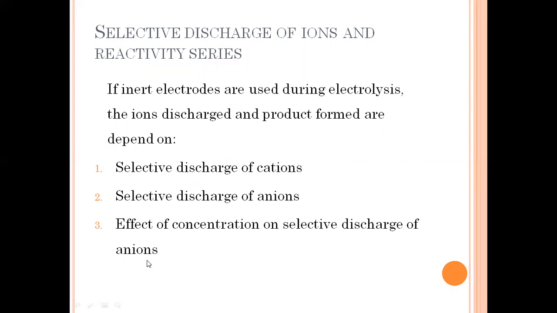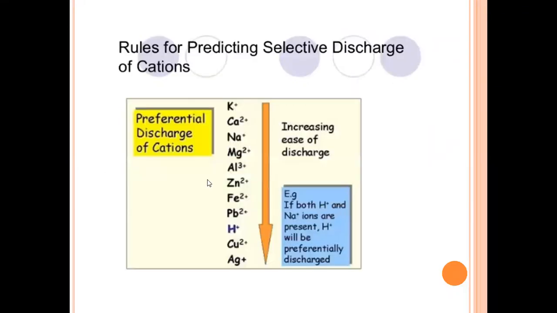What is selective discharge of cations? Here is a reactivity series which gives us an idea of which cation can go to the cathode and deposit. If there are two cations present in a solution, which will go to the cathode?